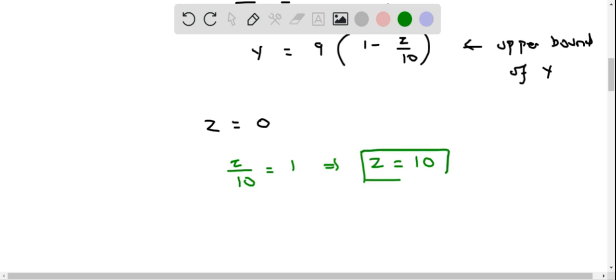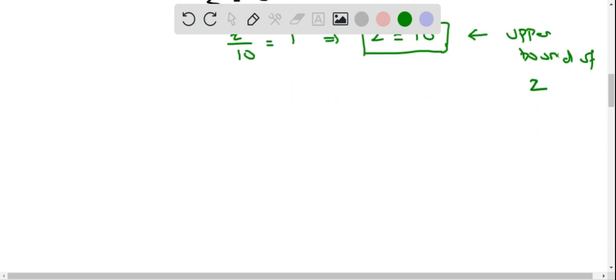So this is the upper bound of z. Now let's set up the iterated integral.